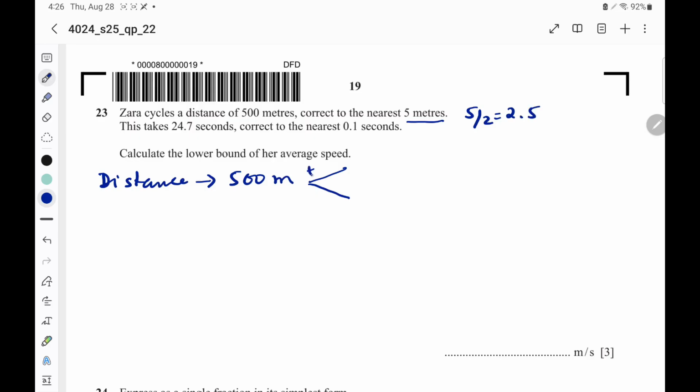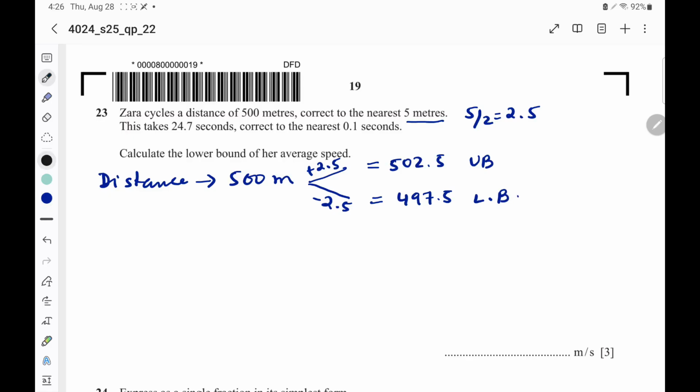If you do plus 2.5, you will get the upper bound. If you do minus 2.5, you will get the lower bound. So 500 plus 2.5 is 502.5, the upper bound, and 500 minus 2.5, you will get 497.5. You will get the lower bound for the distance.